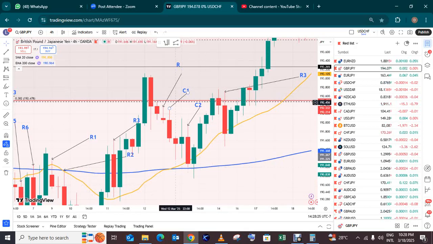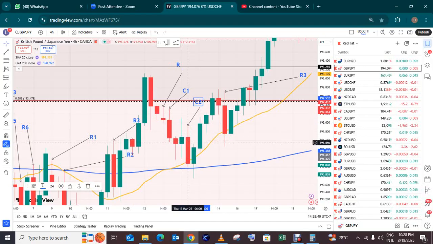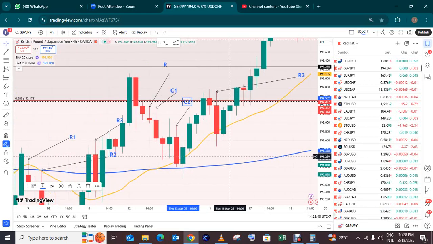Now we saw a C1 with a wick, a bearish body, and a short wick below, which is a valid candlestick formation. That gave us a C1. We waited and we saw a C2, which gave us a long wick above, and a full bearish body with a short wick below, which means the market wants to sell, right?